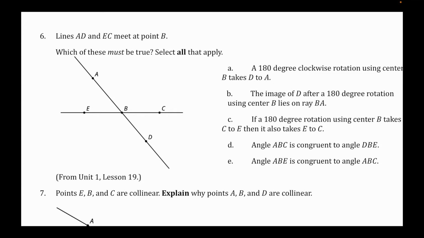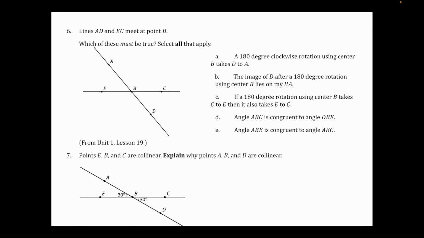So this is our basic formation of vertical angles. We are gonna basically analyze some rotations and things here and see what works. So first they said 180 degrees clockwise rotation using center B takes D to A. Well, B, good that we're using the center. Does it take D all the way over to A?